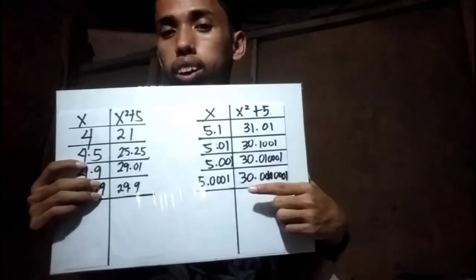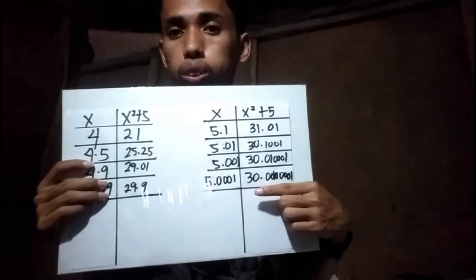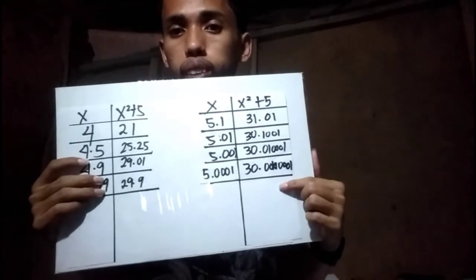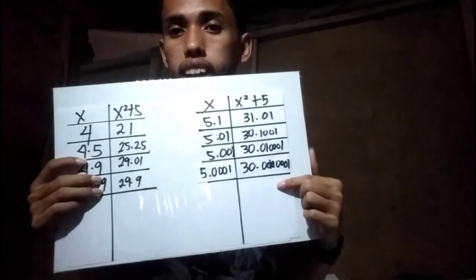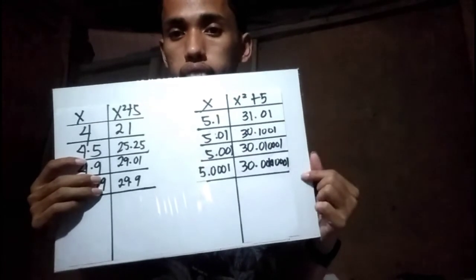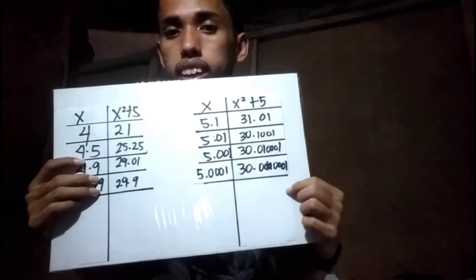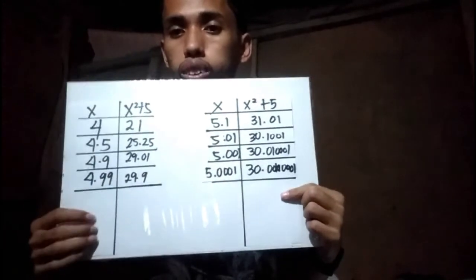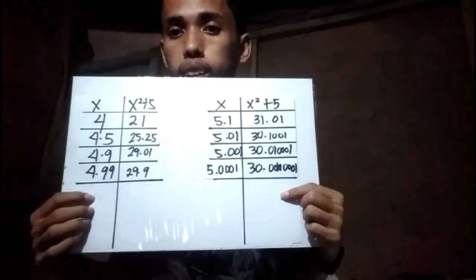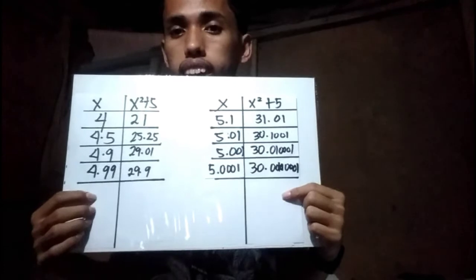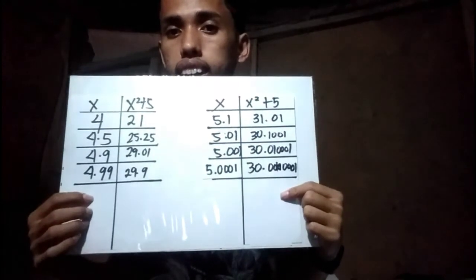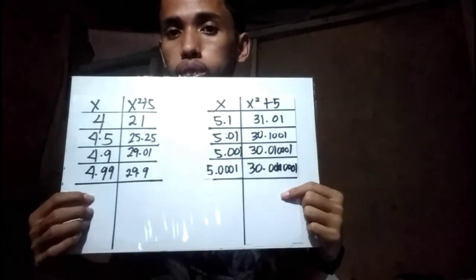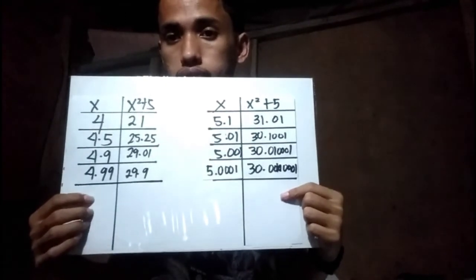And when our value of x is 5.0001, it would be 30.0010001. And as you can see, this side is approaching 30, and also the other side is approaching 30. It means that the limit of x squared plus 5 as x approaches 5 exists.